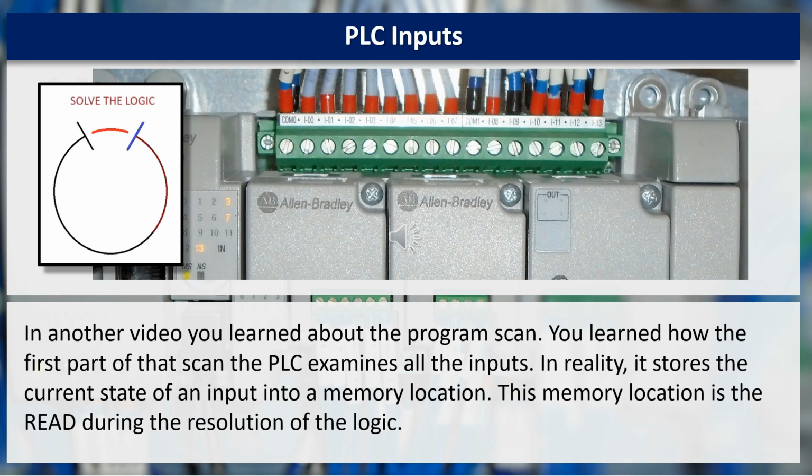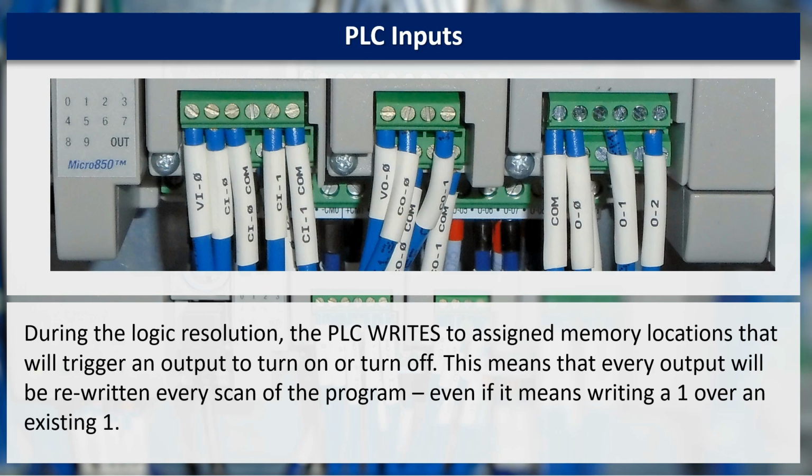This memory location is read during the resolution of the logic. During the logic resolution, the PLC writes to assigned memory locations that will trigger an output to turn on or to turn off. This means that every output will be rewritten every scan of the program, even if it means writing a 1 over an existing 1.